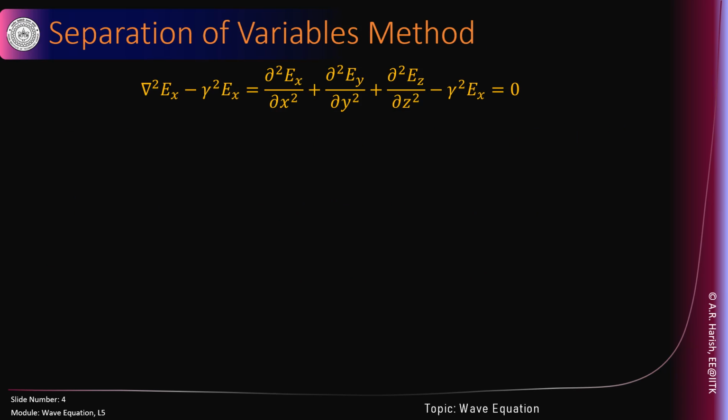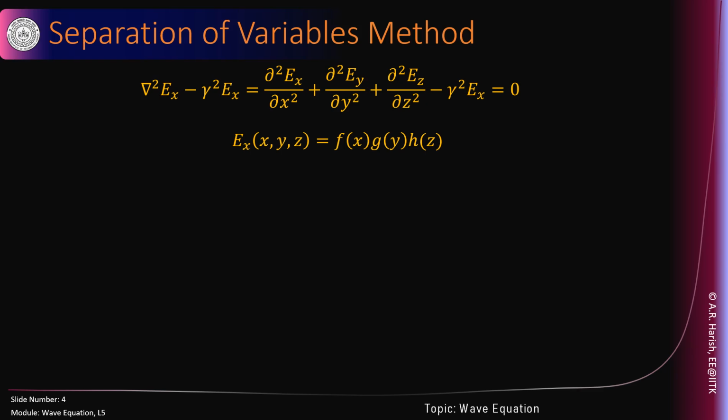Now we can expand del square in terms of rectangular coordinates as del square Ex upon del x square plus del square Ey upon del y square plus del square Ez upon del z square minus gamma square Ex equal to 0. Now we introduce the method of separation of variables.